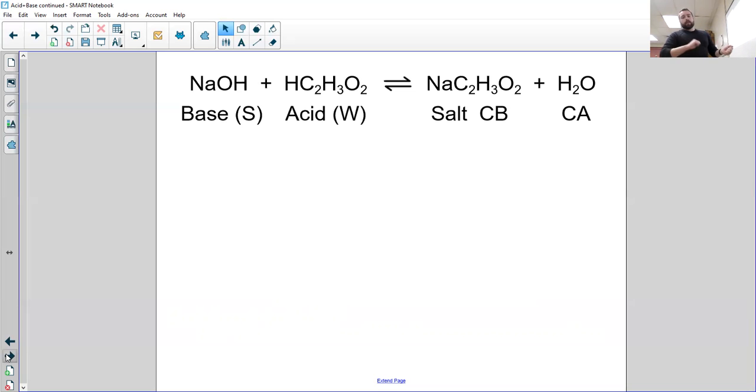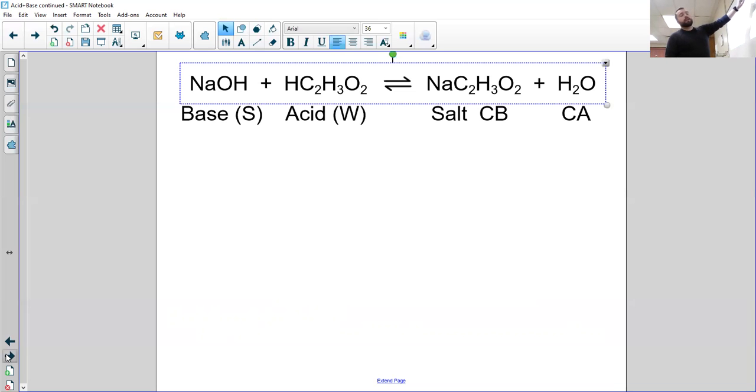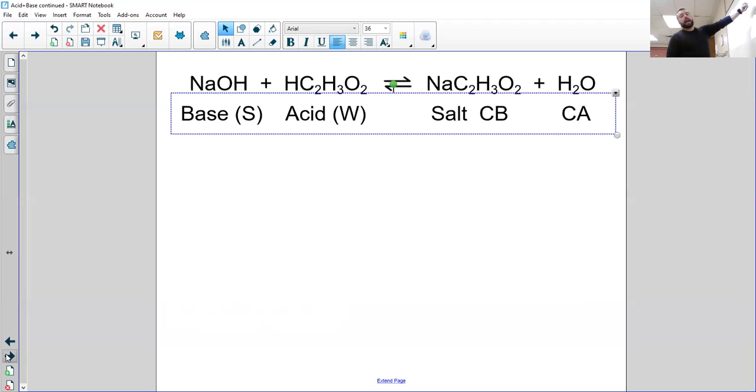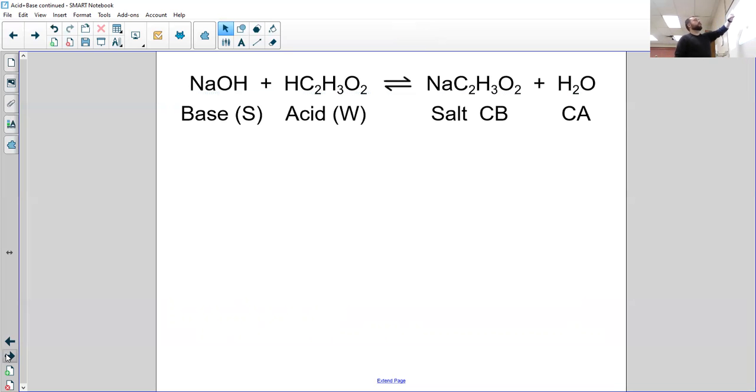In this class, it's almost going to be 100%, but you just got to look out, make sure you see which one starts with an H. H2O does. That's going to be our acid in the reverse direction. The one that doesn't start with the H, or has an OH, that's going to be our conjugate base.